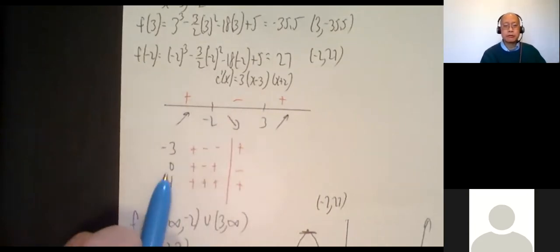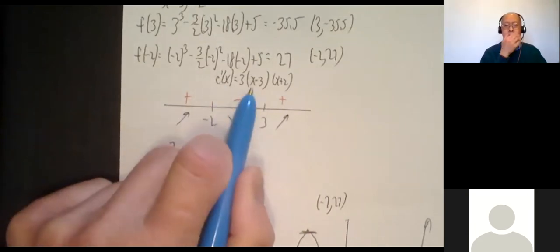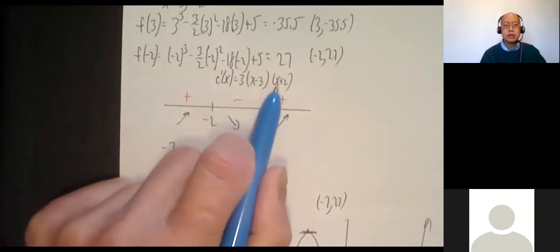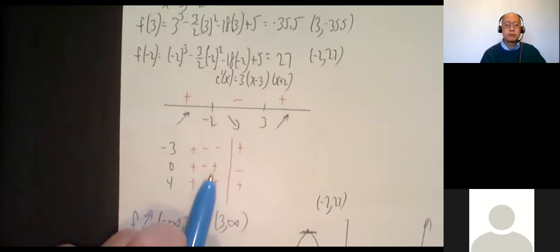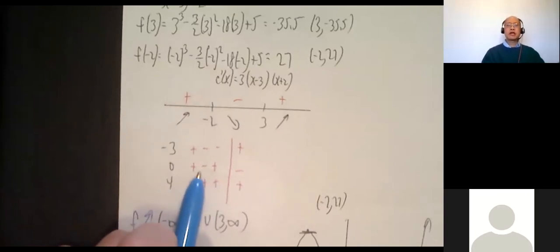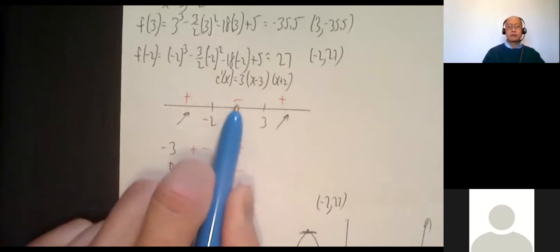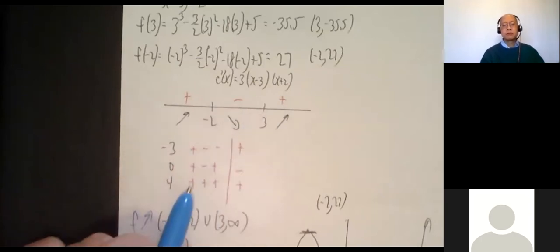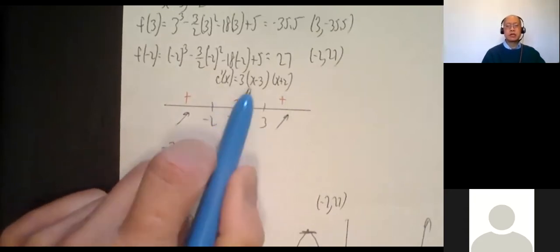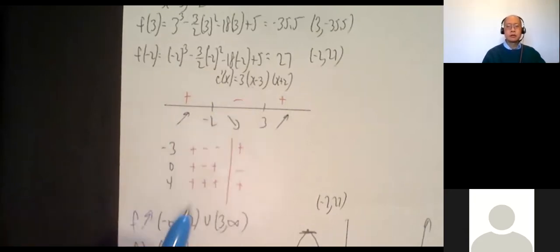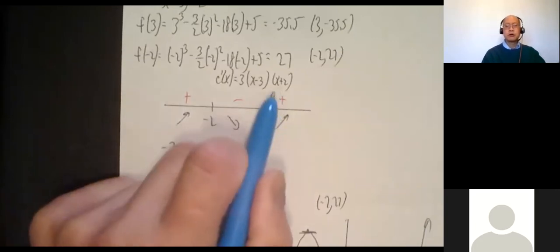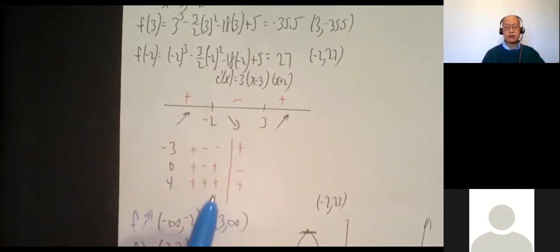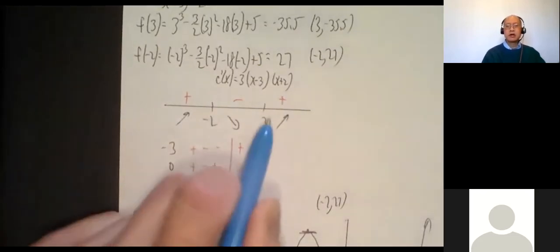Middle region, 0. 3 is positive. 0 minus 3, negative. 0 plus 2, positive. Positive times positive, negative. Four. 3 is positive. 4 minus 3 is 1, positive. 4 plus 2 is 6, but the main thing is that it's positive. Positive times positive times positive, positive.